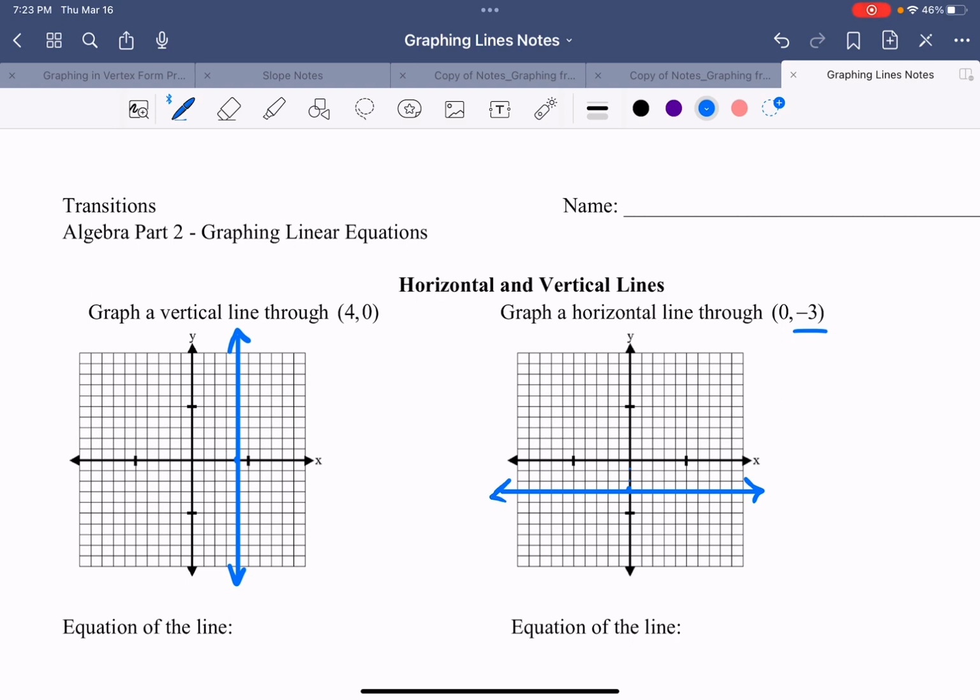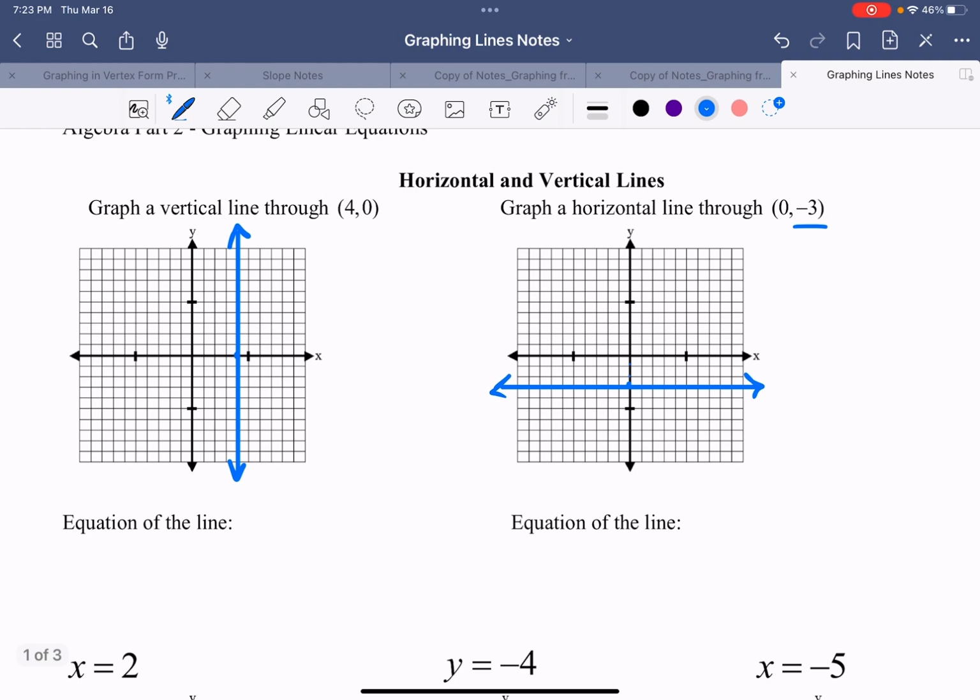Now, the equation for these lines, really quick, let me see, where am I? The equations are very simple. Notice x is equal to 4. And what is this one? Oh, y is equal to -3.